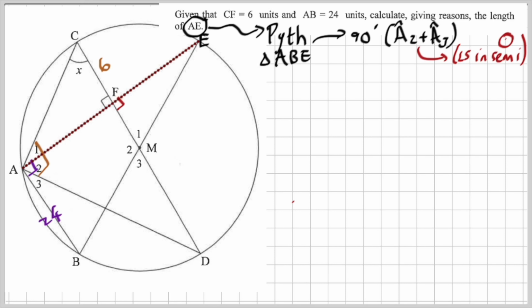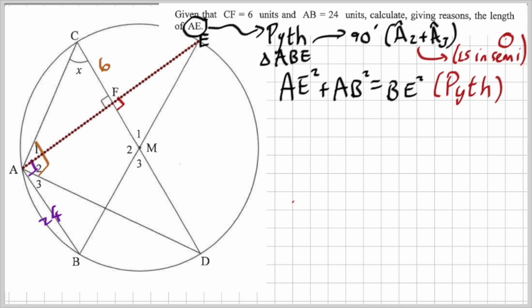Don't just go, oh, but it's indicated in the sketch. No, you've got to write it properly for the examiner. So I'm going to look at Pythagoras in triangle ABE: AE squared plus AB squared is equal to BE squared.